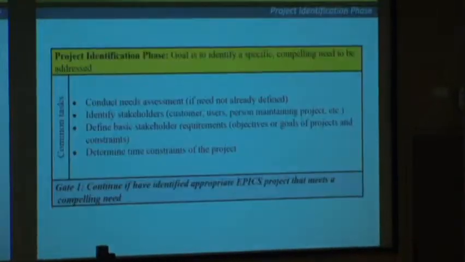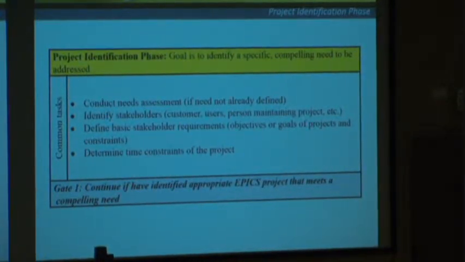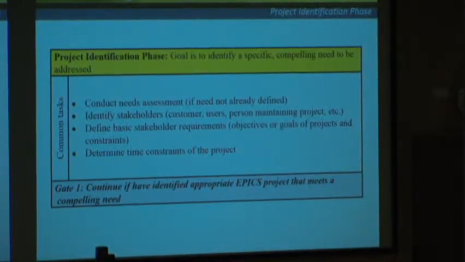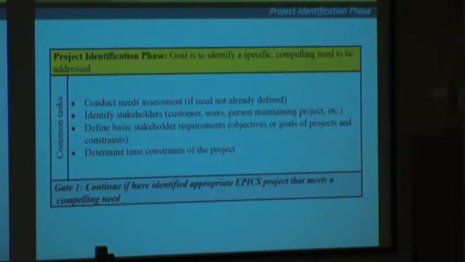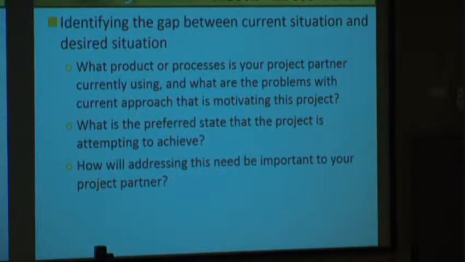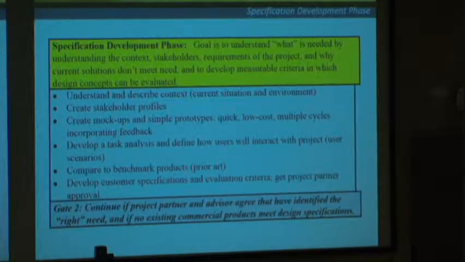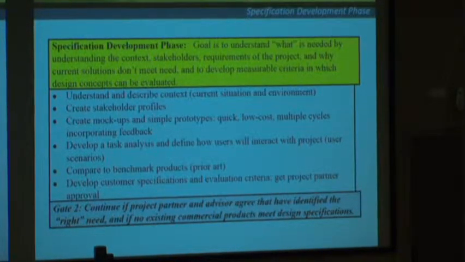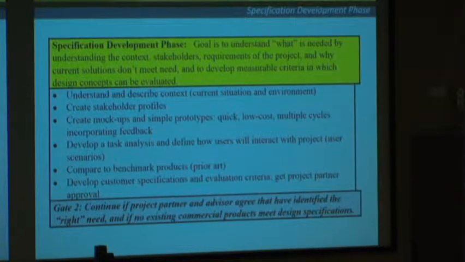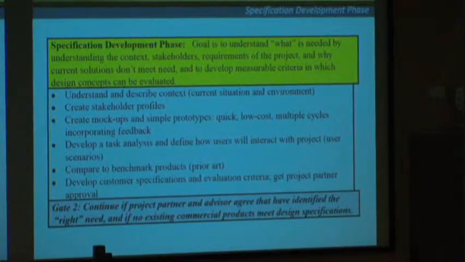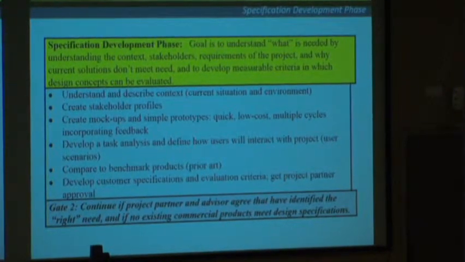There's more things with the project identification, like identifying the stakeholders. At this initial part, you may just have this at a very broad level, just very basic, not necessarily all that detailed. Because then what happens as we move into specification development, this is where we actually start to define those and become much more detailed related to that.